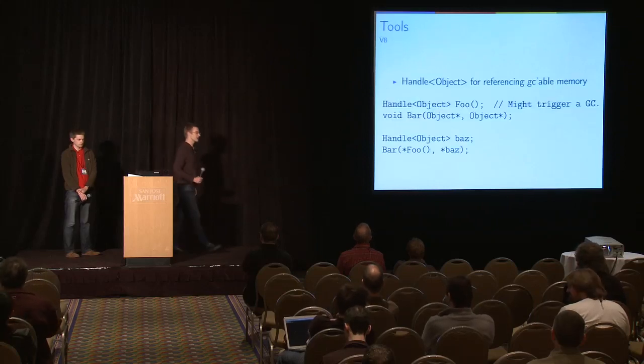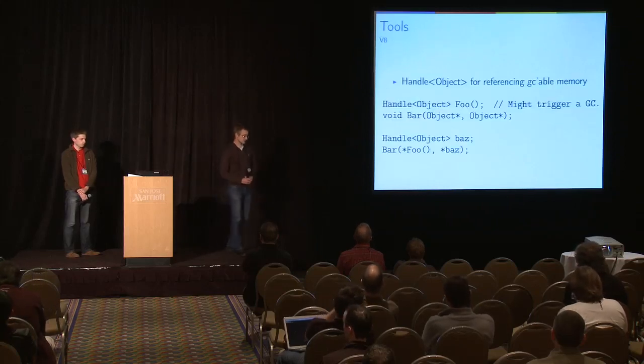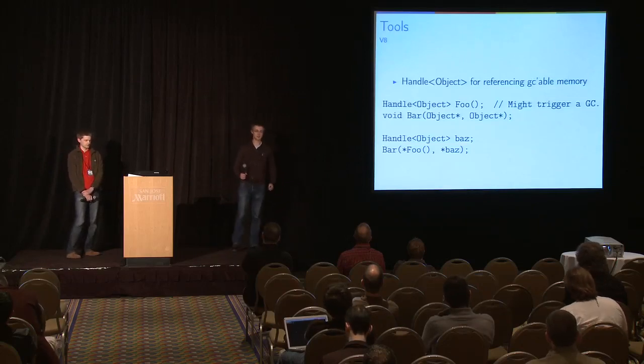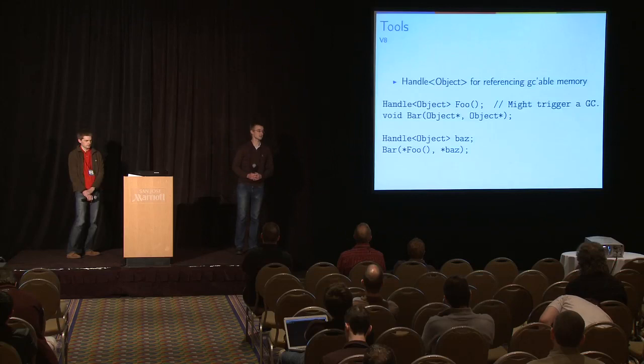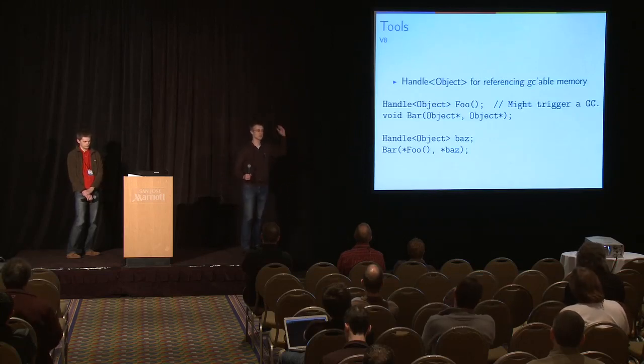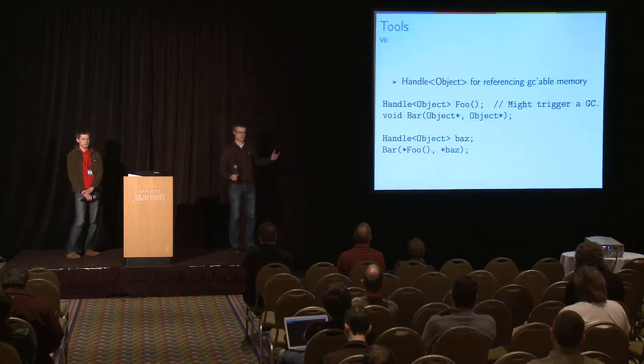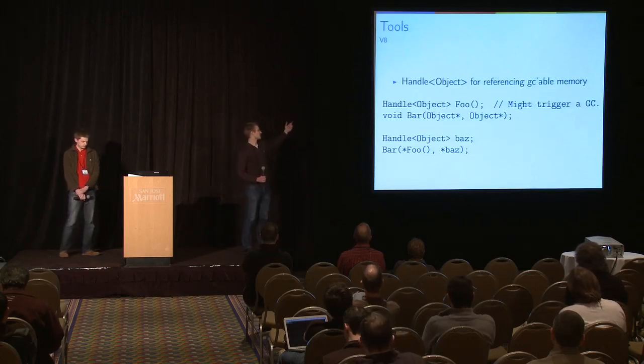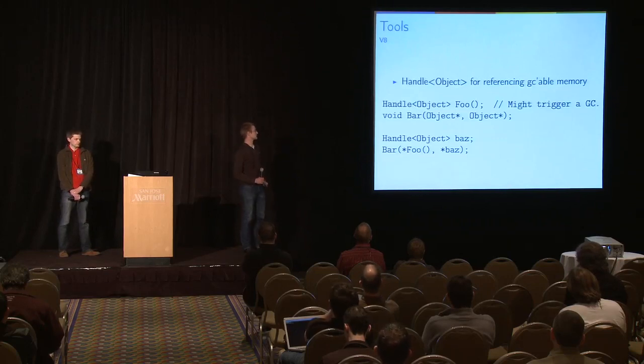Here's another example from V8. V8 is the JavaScript virtual machine in Chrome. And JavaScript is a garbage collected language, which means there's some function in V8 that basically does garbage collection, which frees up some JavaScript objects and moves around other JavaScript objects. And so V8 has pointers to these JavaScript objects. And if that's a raw pointer and the garbage collection runs, then the pointer may become invalid. So they have this handle smart pointer class, and that's a pointer that survives garbage collection.